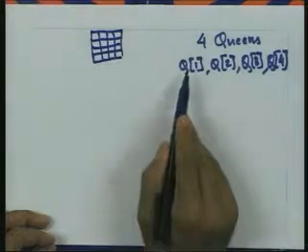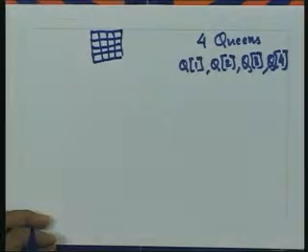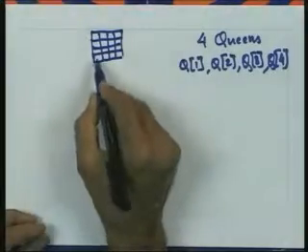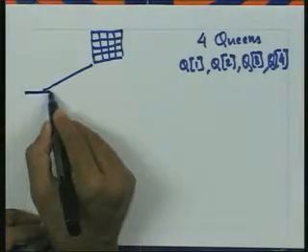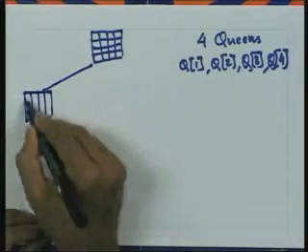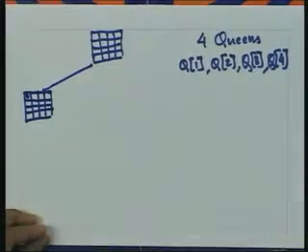Then we are going to consider the ways in which the first slot in this template can be filled. So Q1, we said, must have a value between 1 and n, where n is 4 over here. And so there are 4 ways in which this can be done. For example, something like this. We can place the first queen in this first position over here.